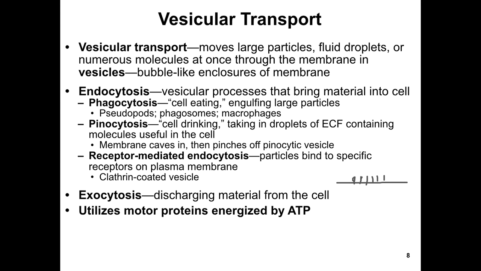And each of these receptors is going to bind to something. This could be a food particle, or it could be a protein, or a hormone, or lipids. This is actually a part of how your cells take in like cholesterol and fats and things like that.